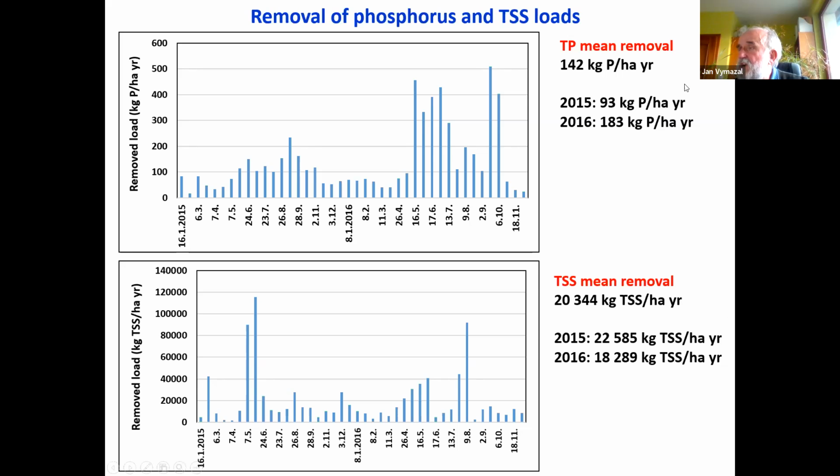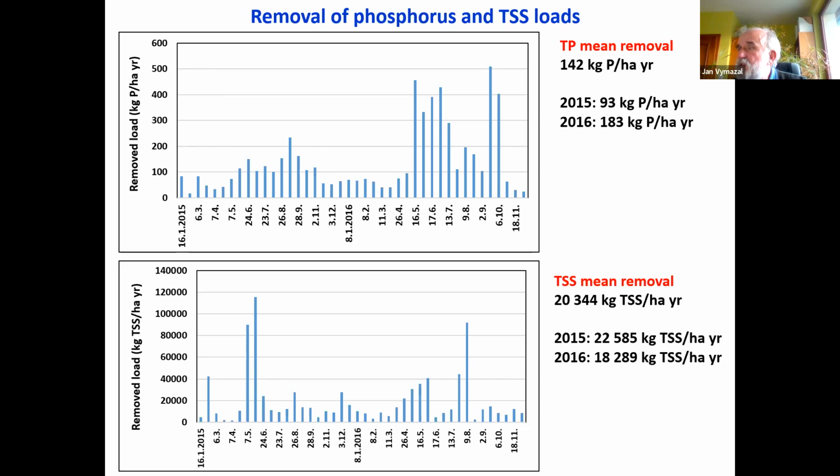But we achieve a very similar removal, about 140 kilograms per hectare per year. As you remember, I said that the average from the literature survey was 155. So it's very common, but extremely high removal of suspended solids. But when we check the literature data, this is quite common.